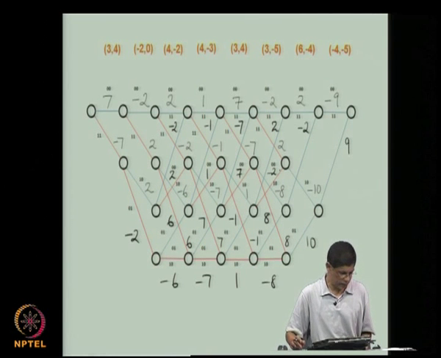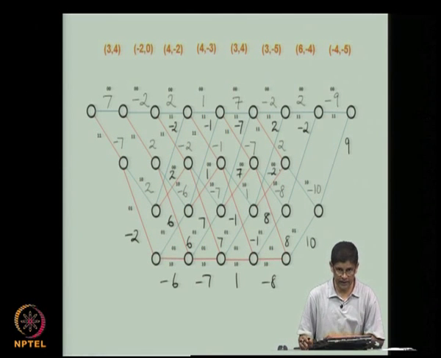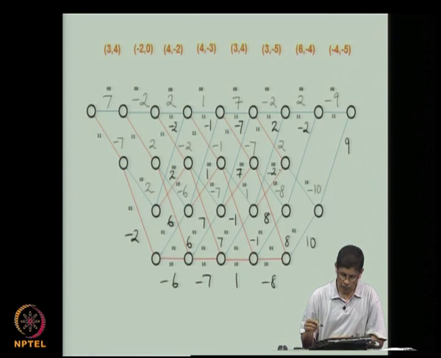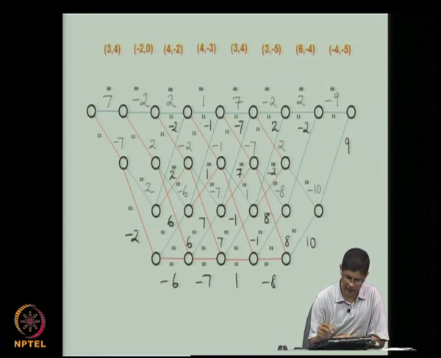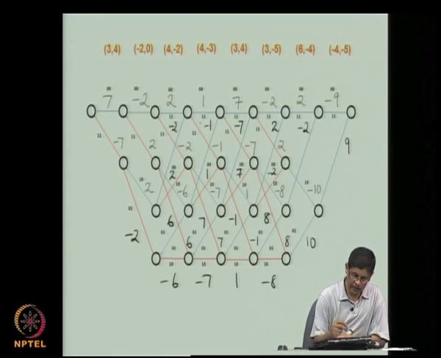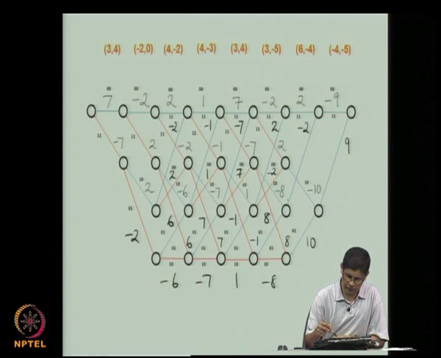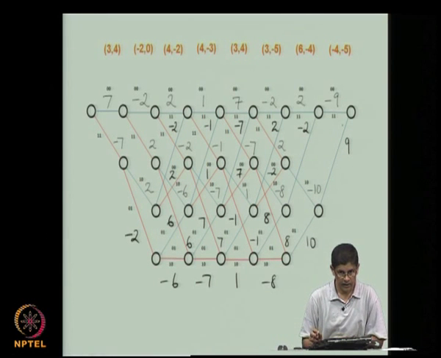Okay, so it looks a little complicated, but all that I want to say is that if you look at this trellis, then all the inner products associated with every code word can be computed from the numbers that are actually shown here.